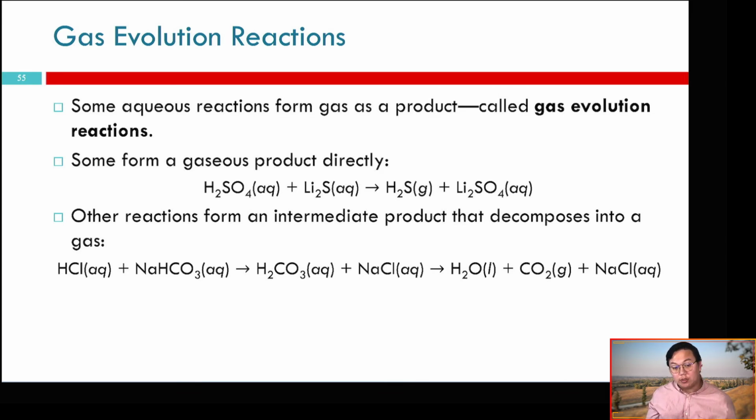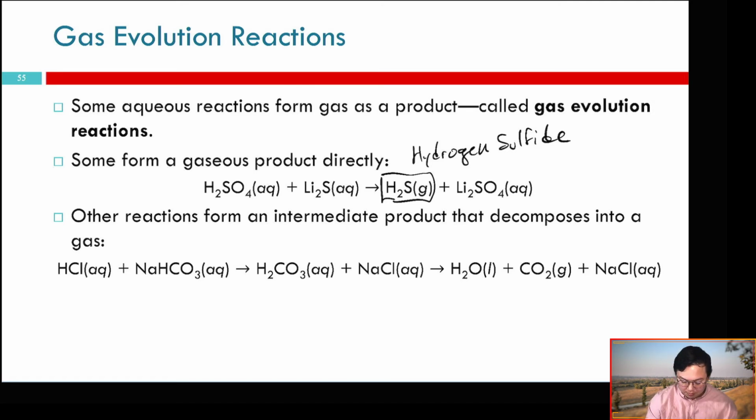So if we mix H2SO4 plus lithium sulfide, we get hydrogen sulfide. And hydrogen sulfide is a gas. So if you get hydrogen sulfide as a product, that's a gas, and you know it's a gas evolution reaction. There are some other ones.